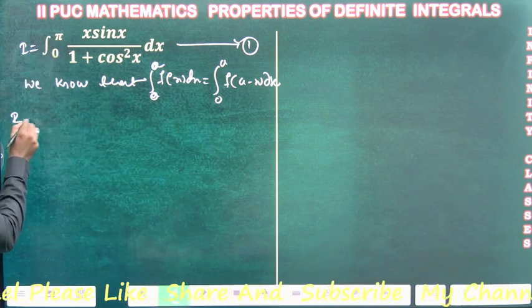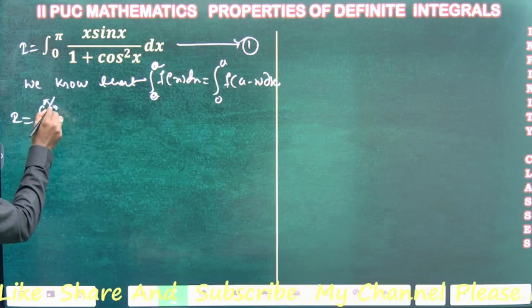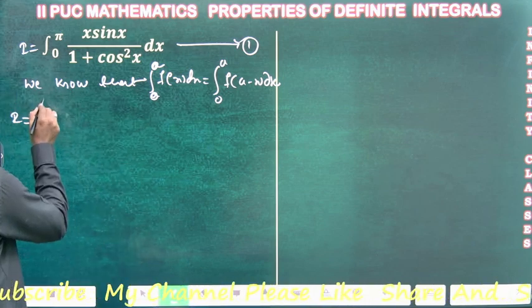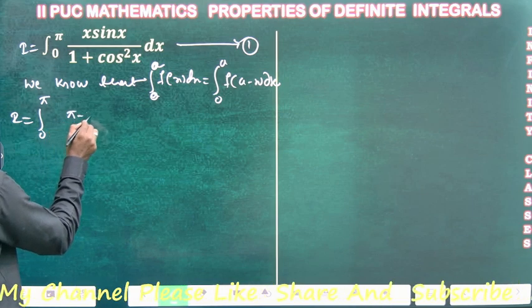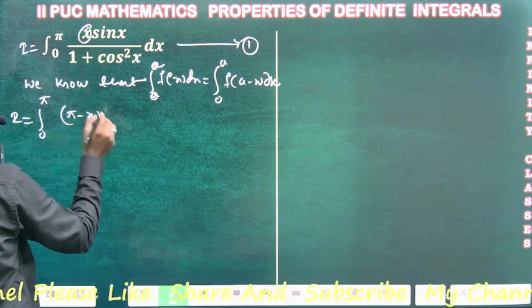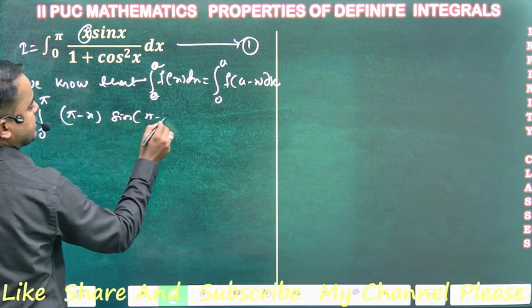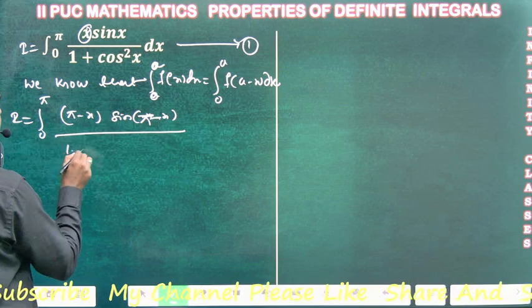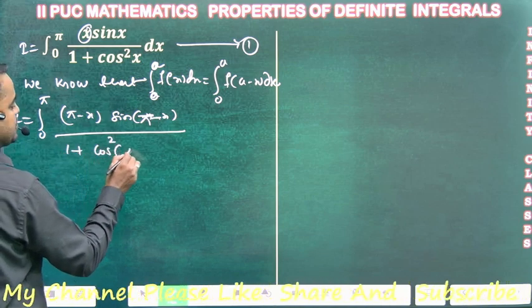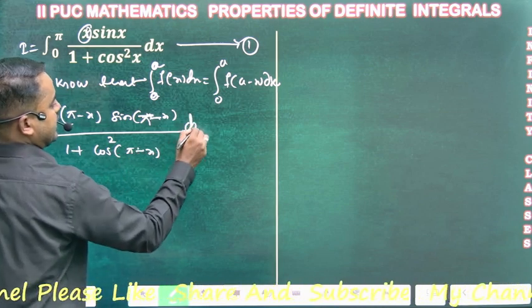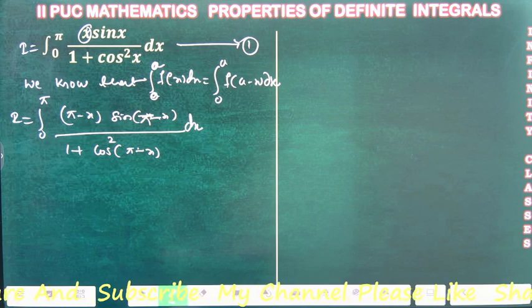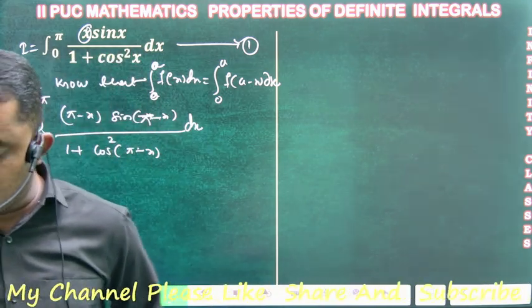That is I equals integral from 0 to 5, sorry, 0 to 5, not 5 by 2 here. x changed to 5 minus x, then sin of 180 minus x divided by 1 plus cos square, as it is x changed to 5 minus x dx. So after applying the property, 180 minus x lies in the second quadrant. In the second quadrant, sine will be positive, so there will be no change.